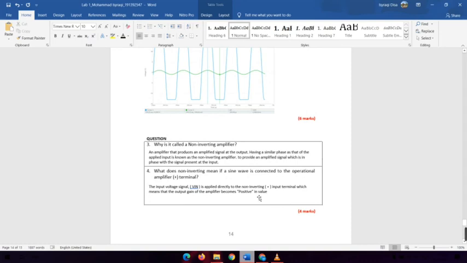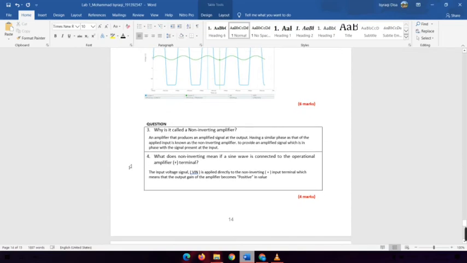Here I'm going to answer question number 3. Why is it called a non-inverting amplifier? An amplifier that produces an amplified signal at the output having a similar phase to that of the applied input is known as a non-inverting amplifier. It provides an amplified signal which is in phase with the signal at the input.